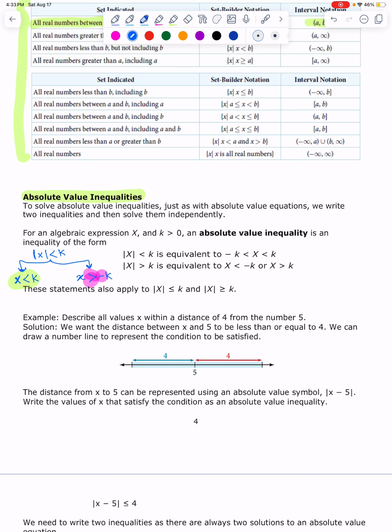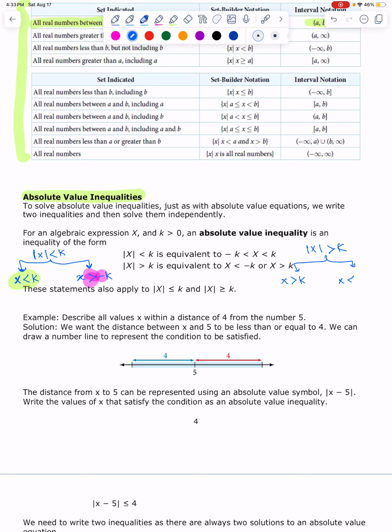Okay. Same if you have the absolute value of x is greater than k. We're going to split it into two. So the first half is going to be x is greater than k. We did nothing but dropped the absolute value bars. The second half, we're going to keep the expression inside of the absolute value intact.